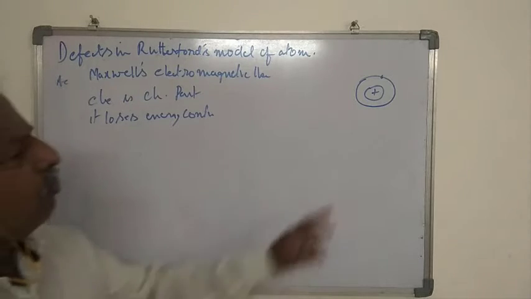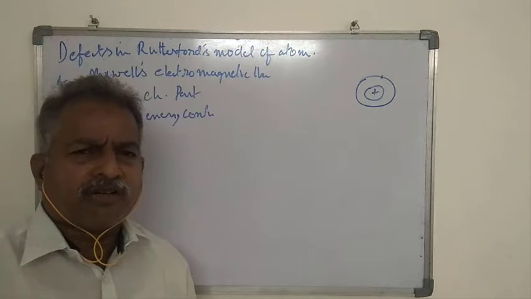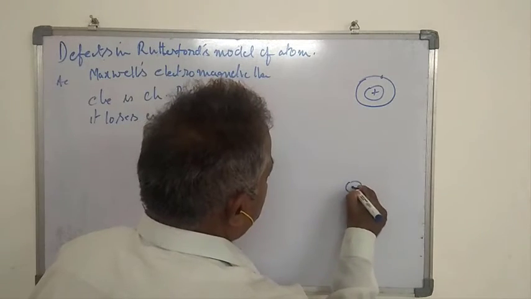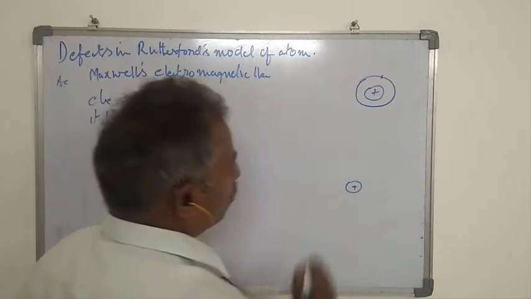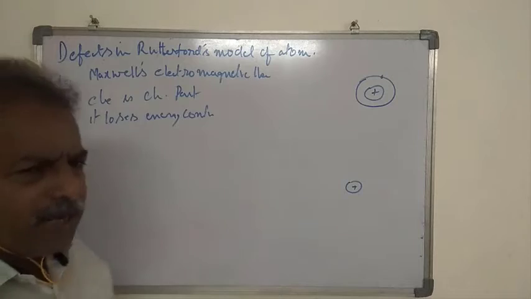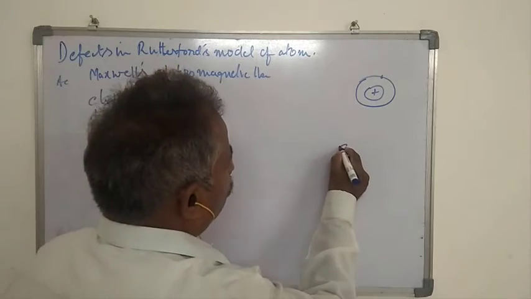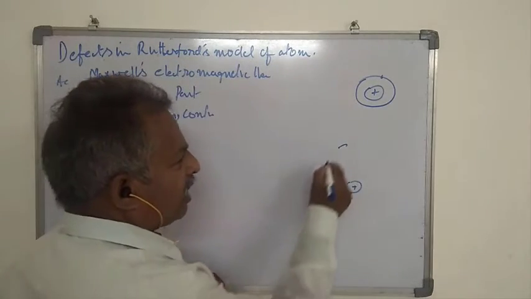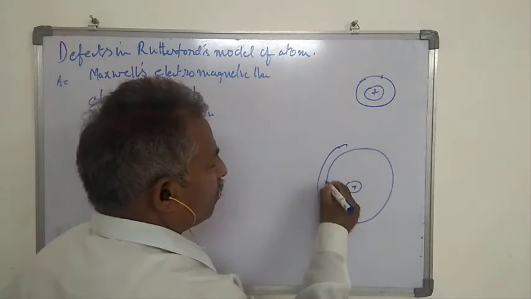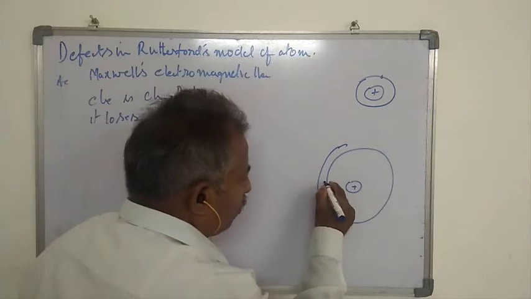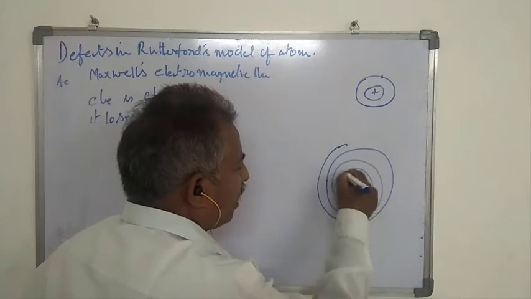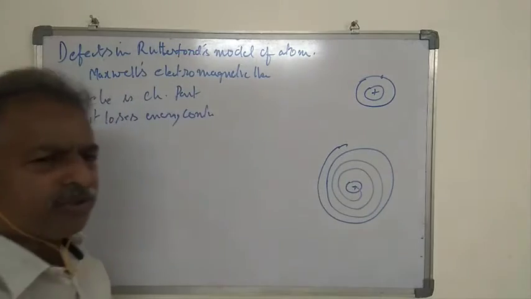And we know that nucleus has positive charge and electron has negative charge. So, as electron revolves around the nucleus continuously, as per electromagnetic theory, electron loses its energy continuously. As it loses energy continuously, it falls within the attractive force of the nucleus. Therefore, it comes closer to the nucleus, revolves like a spiral spring, and finally falls into the nucleus.